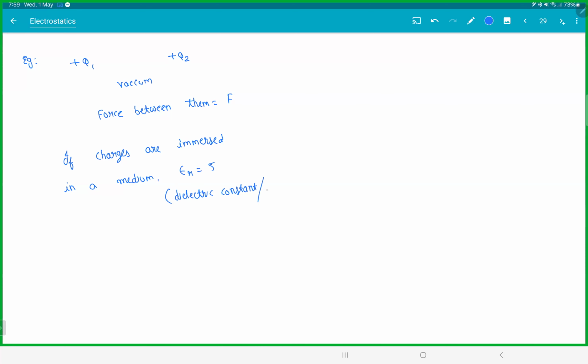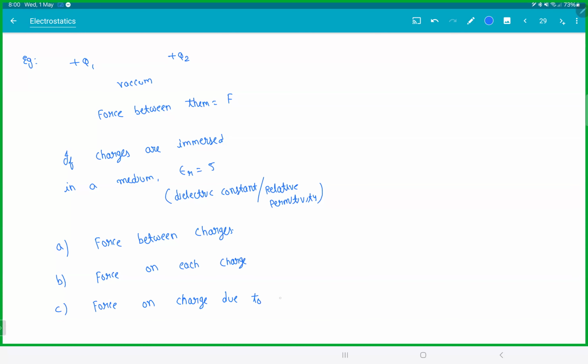Dielectric constant or relative permittivity, same thing. Okay. Now the question is, what is the force between the charges? Force on each charge. Force on the charge due to the surrounding medium. What are the answers?